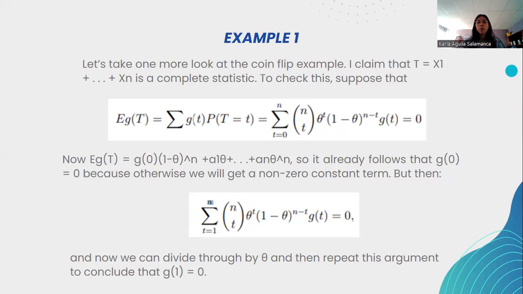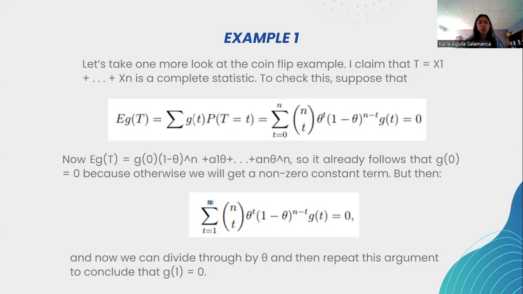Then we have an example of this complete sufficient statistic. We are going to discuss the coin flip example, which is very common in this type of example. We claim that T equal to X1 plus to Xn is a complete statistic.